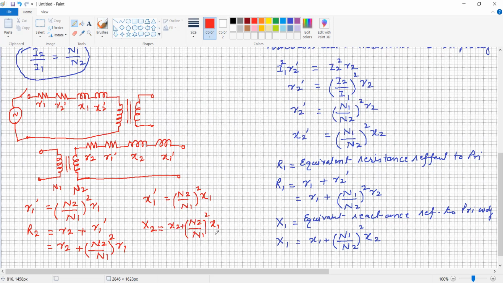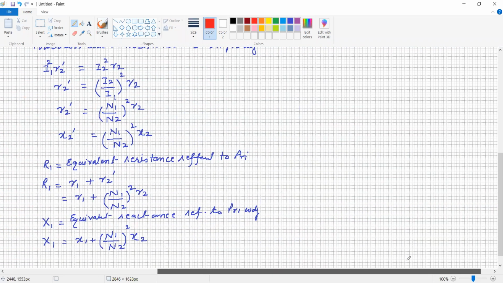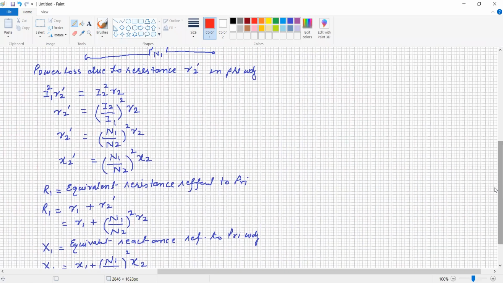Again, we will take one more example. Say for example, a transformer has secondary current I2 equal to say 4 ampere, and resistance R2 is equal to 1 ohm, simple 1 ohm.